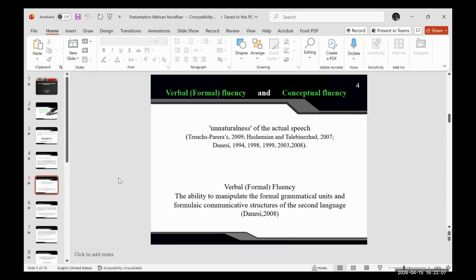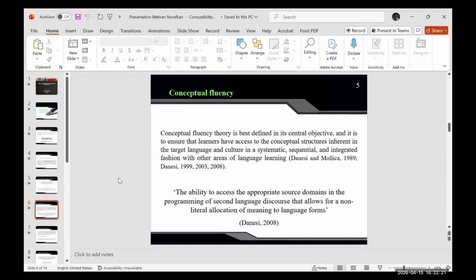Verbal fluency, or formal fluency, is the ability to manipulate the formal grammatical units and formulaic communicative structures of the second language. What conceptual fluency theory gives us is that its central objective is to ensure that learners have access to the conceptual structures inherent in the target language and culture in a systemic, sequential, and integrated fashion with other areas of language learning.